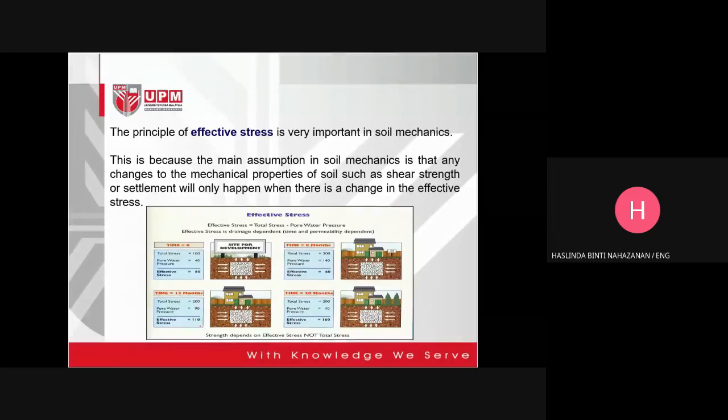Then after 12 months, the total stress is still the same, but the pore water pressure is getting lower because the water moves away from the soil, so effective stress becomes higher. After 20 months, it becomes even higher, because more water is expelled from the soil, so you have less pore water pressure.